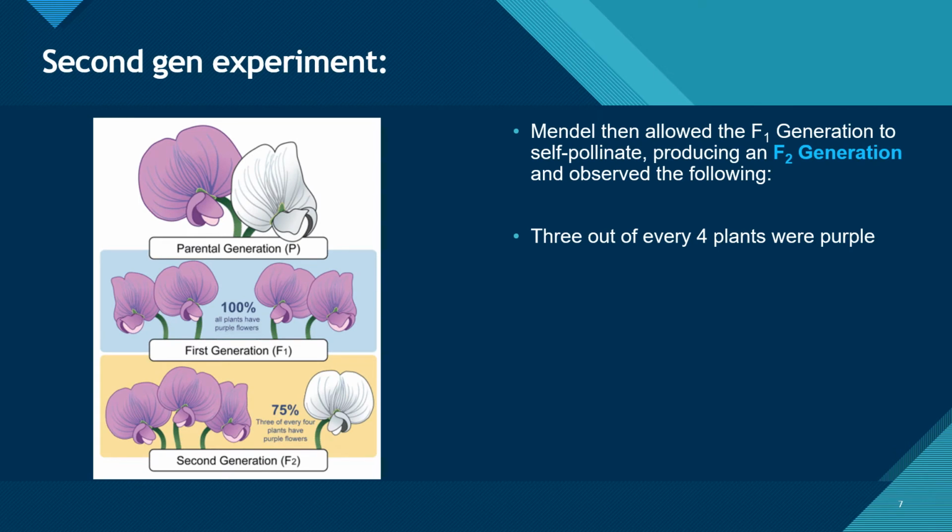Now the second generation experiment: Mendel then allowed the F1 generation to self-pollinate. Remember, the F1 is the product of the parents. So he crossed the purple and the purple, and this produced the F2 generation. In the F2 generation, 3 out of every 4 plants were purple.